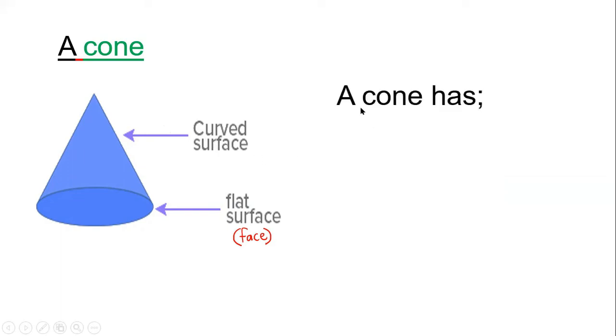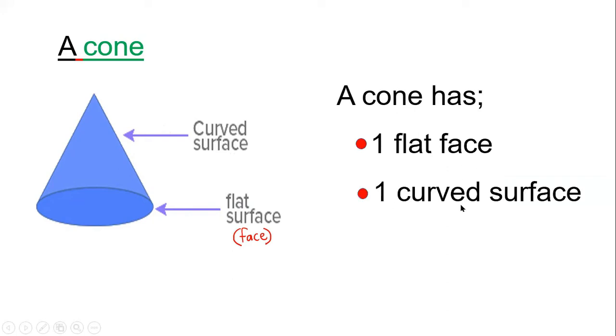Okay, so a cone has one flat face and one curved surface. This is the flat face and this is the curved surface. Or you can also call it a curved face.